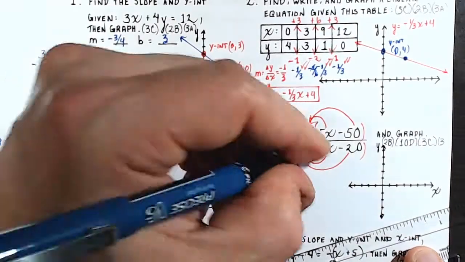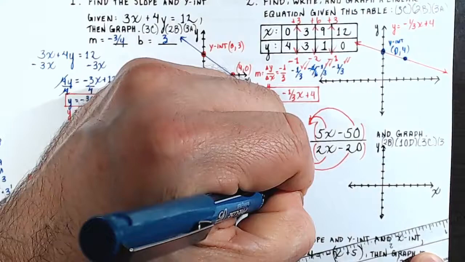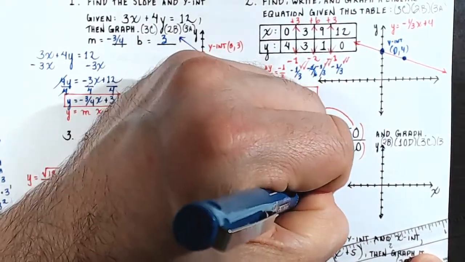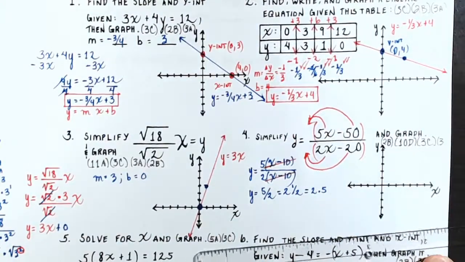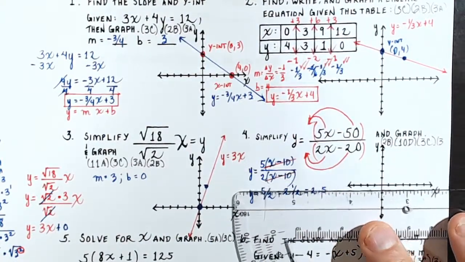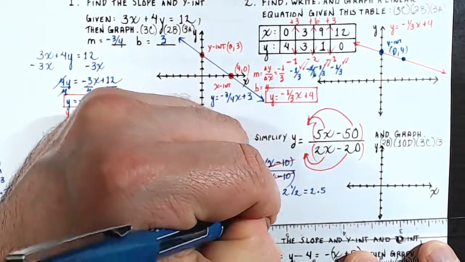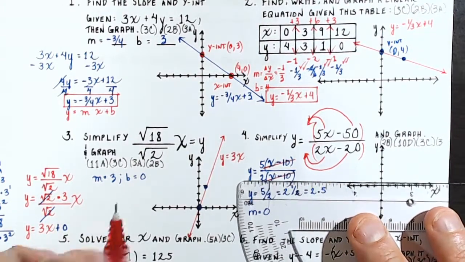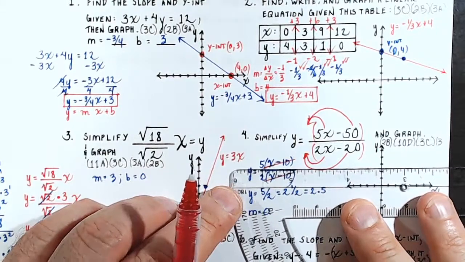So we turn 5 over 2 into a decimal, and that would be 2.5. And I graph that. There's no slope. I mean, so it's a slope of 0, right? I should write m equals 0 here. So what I do now is find 2.5 on the y-axis, and that would be about right here.